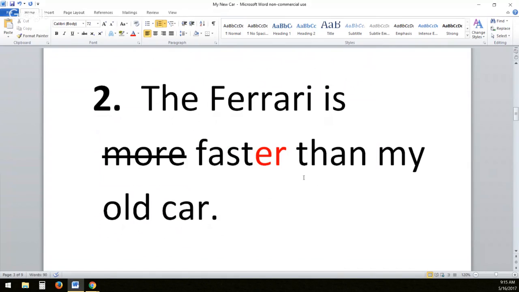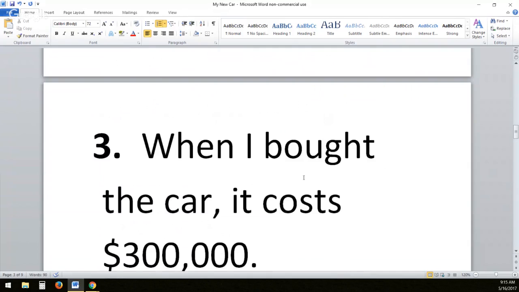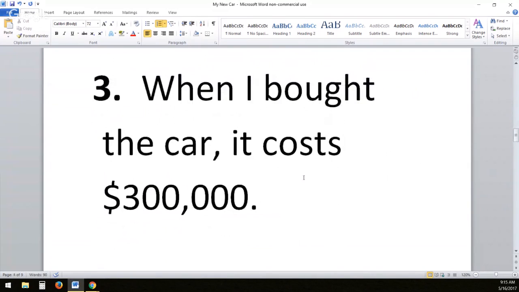Let's go to number 3. Now be really careful with this sentence. When I bought the car, it costs $300,000.